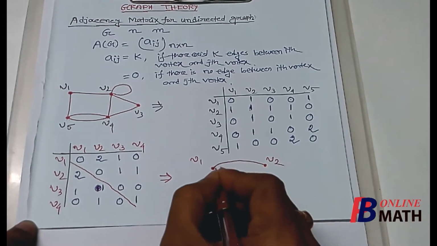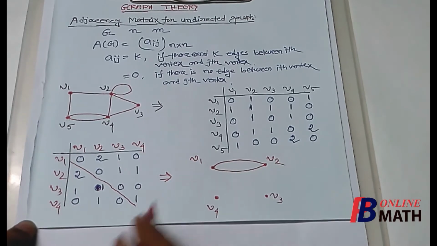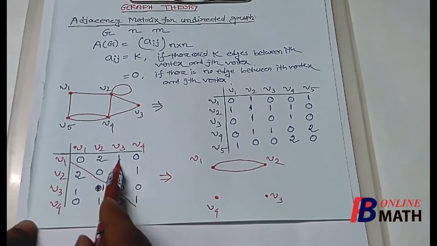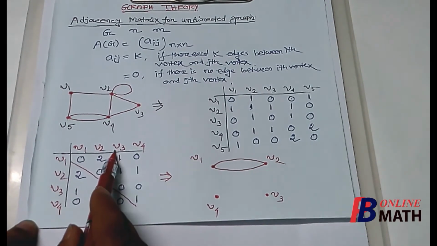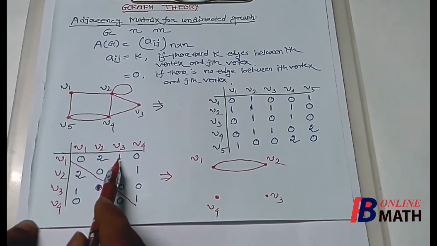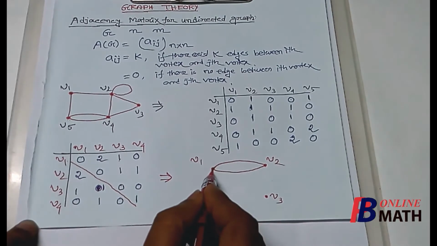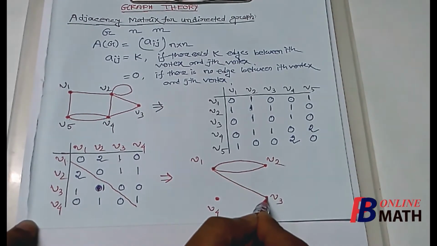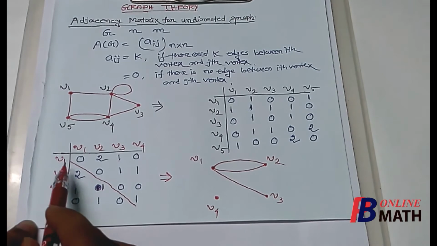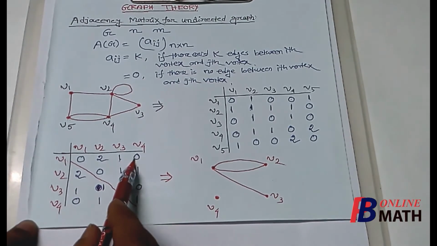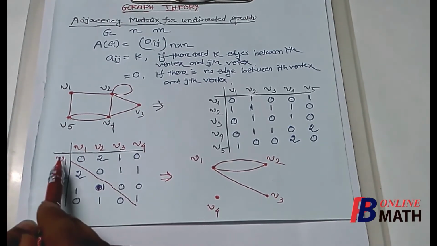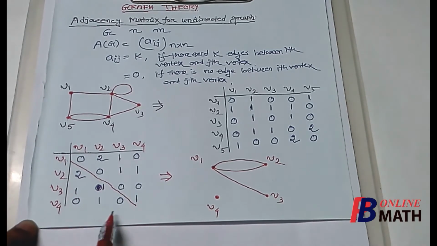Next one is this. Between V1 and V3 the graph has only one edge. Next between V1 and V4 it is 0. So there is no edge between V1 and V4.